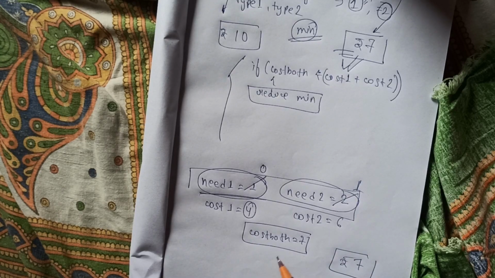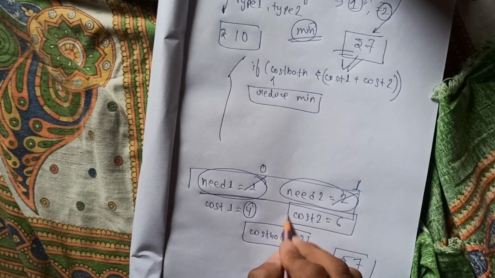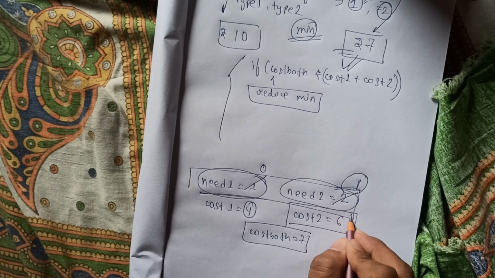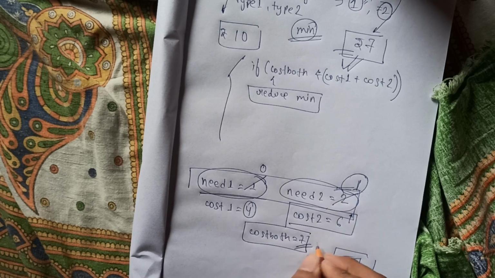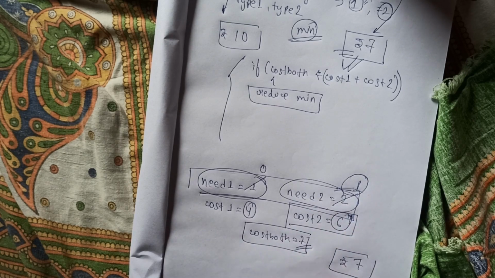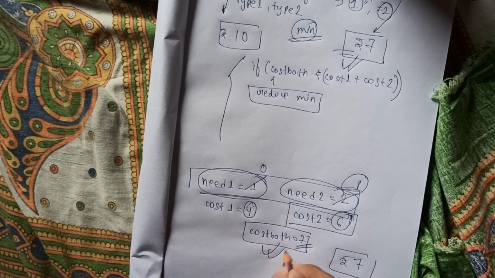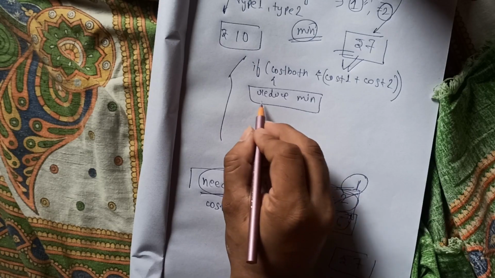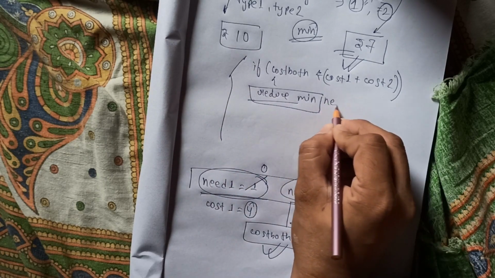Now what you should do, should you reduce this need 1 which is left to you by 6 rupees, or should you spend 7 rupees? So you should definitely spend 6 rupees, right? You should not be going to cost both again, right? So that was my logic, that is, you should reduce the minimum need first, right?